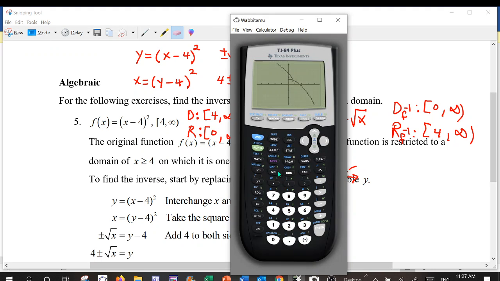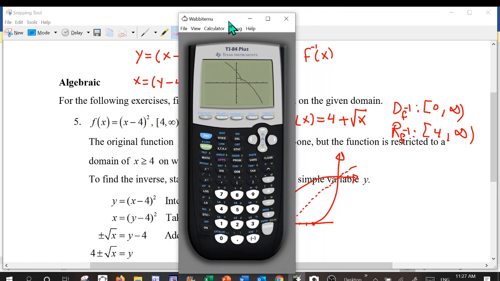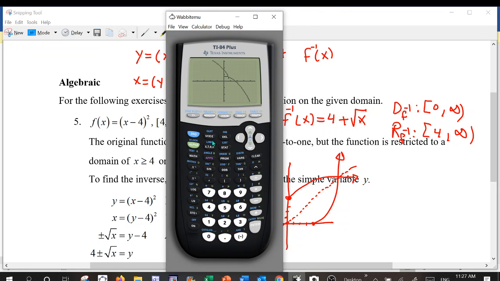Now we could also graph this function and its inverse with the calculator. The trick to use is, let me erase this. The trick is to use the function, let's say x minus 4 squared, right?